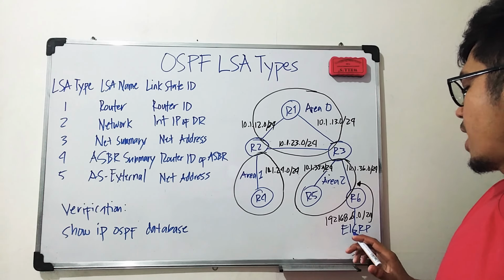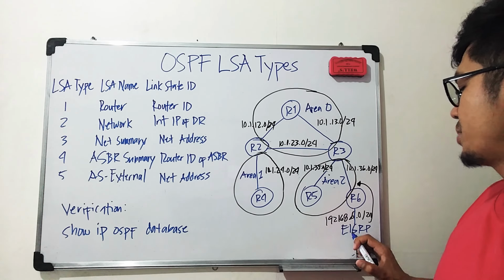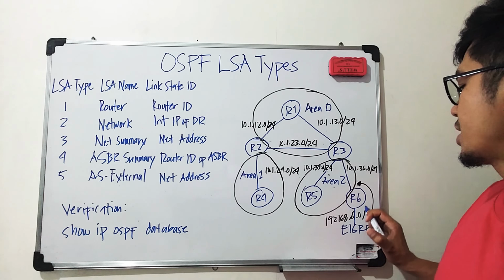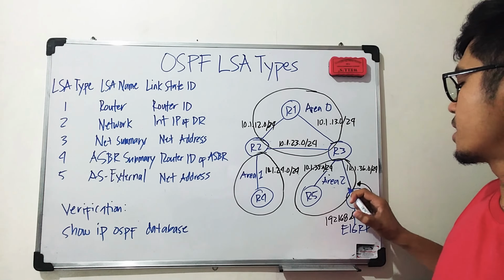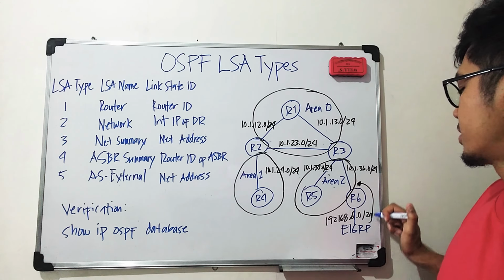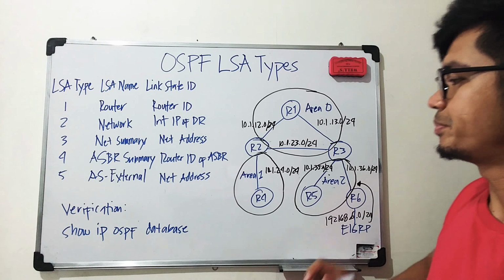And here we have another routing domain, EIGRP, and that is being redistributed into the OSPF domain. This is what the arrow is all about.